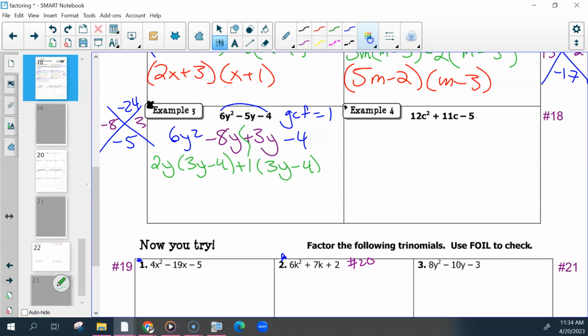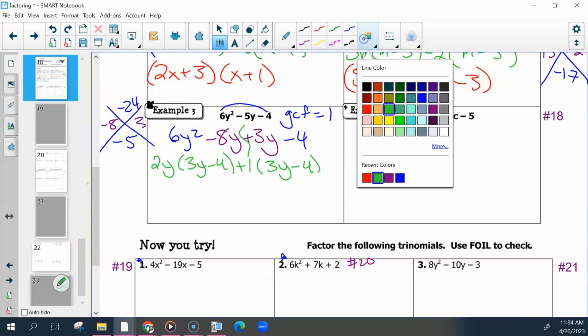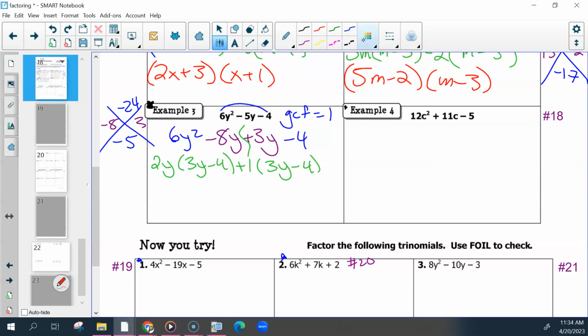So then the inside would be the same. What would those two factors be, the two answers? The inside pieces and the outside pieces. 2y plus 1 and 3y minus 4.